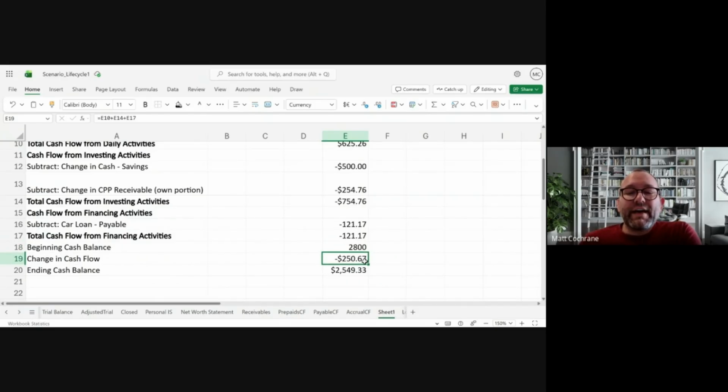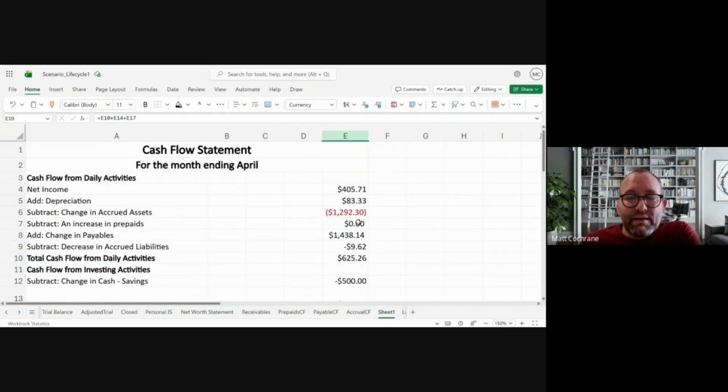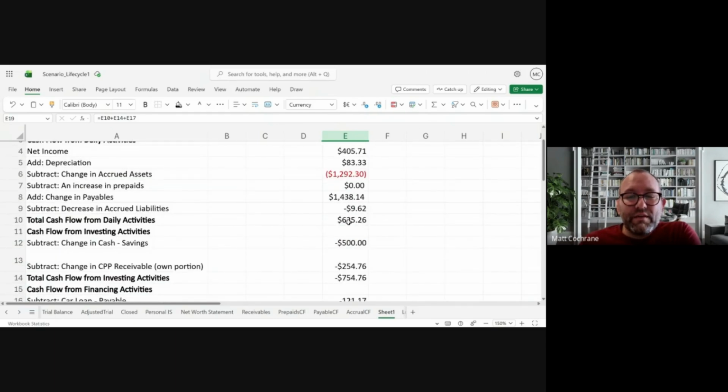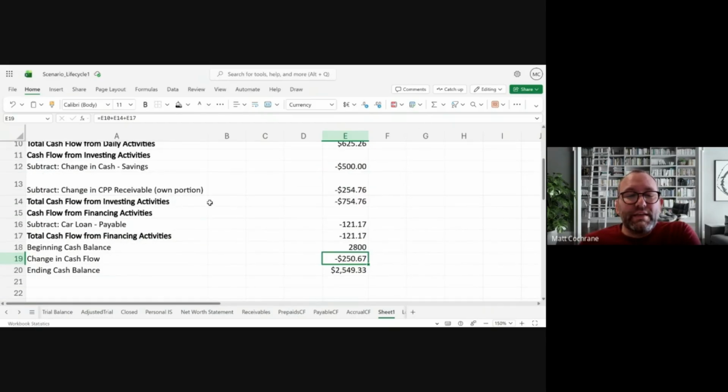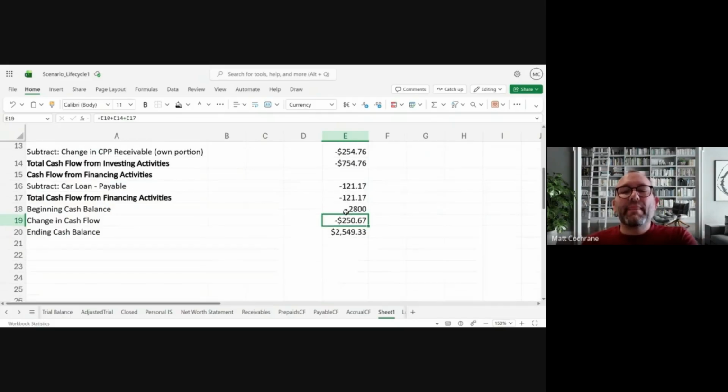This change in cash flow is the sum of the cash flow from our daily living, or our cash flow from daily activities, minus, we add the negative number, okay, so I'm just saying minus 754, this is from our investing activities, and then minus our cash flow from financing activities of the negative 121.17.